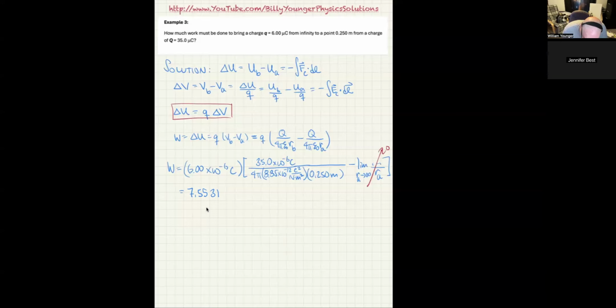We only had three sig figs for all of these, so the three and the one aren't sig figs, but that turns out to be joules.